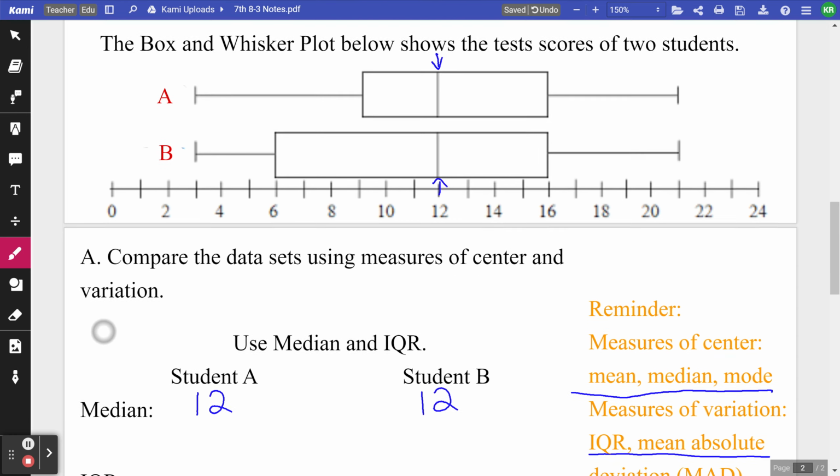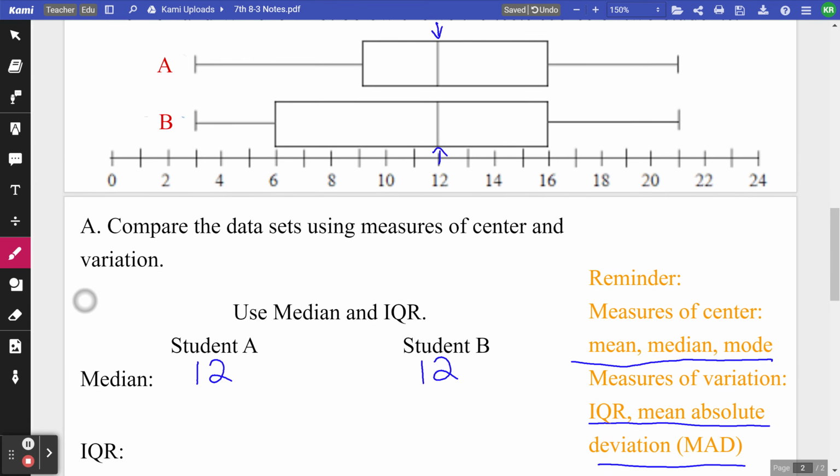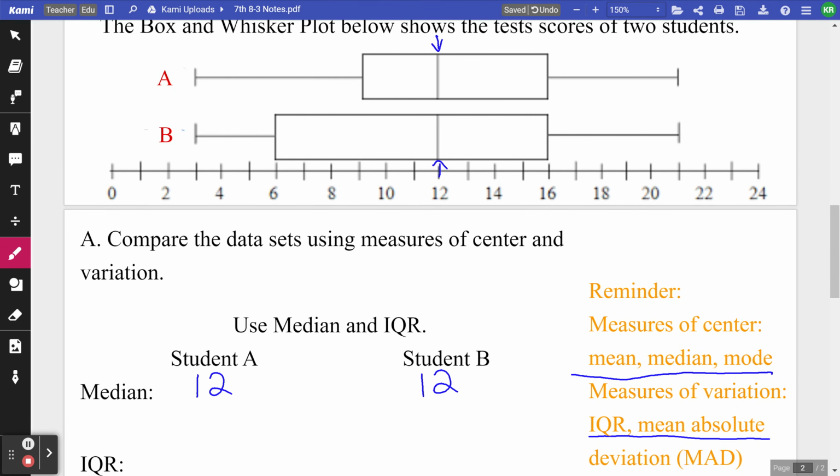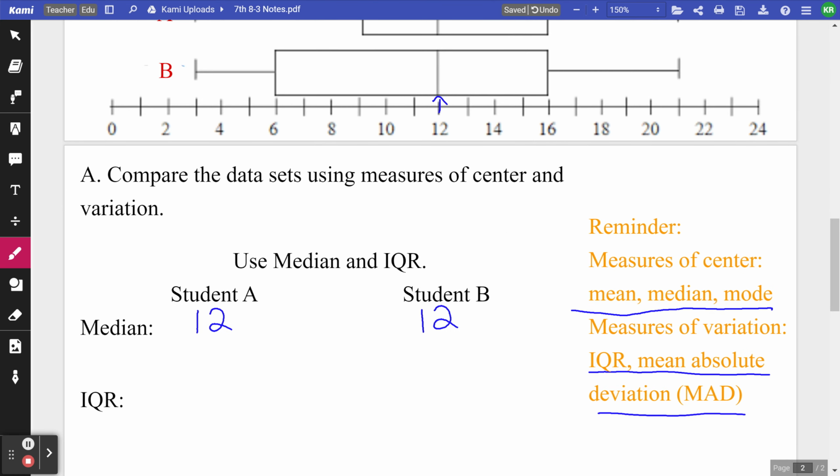Then if we scroll down here just a little bit, we want to find the IQR. So the IQR is going to be Q3 minus Q1. Here's Q3 and here's Q1. So we would do the subtraction. We find the difference between those two, and we're going to be doing 16 minus 9 for this student A. So 16 minus 9, our IQR is 7.